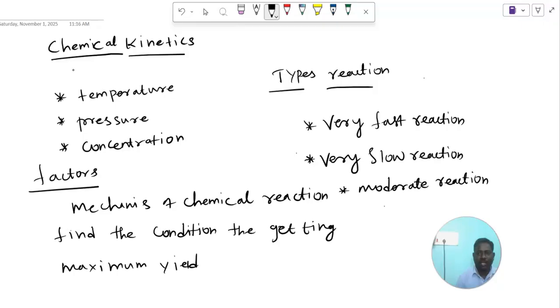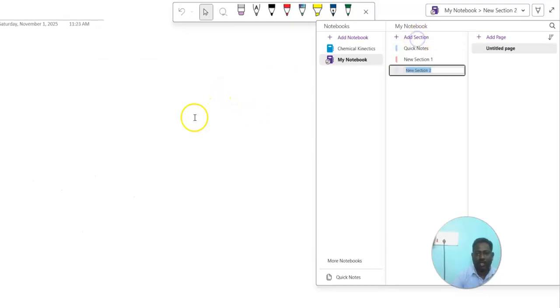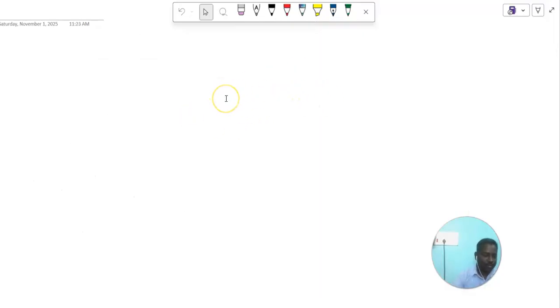So these are all the three different types of reaction we are going to study in chemical kinetics. For these very fast, very slow and moderate reactions, there are few examples.